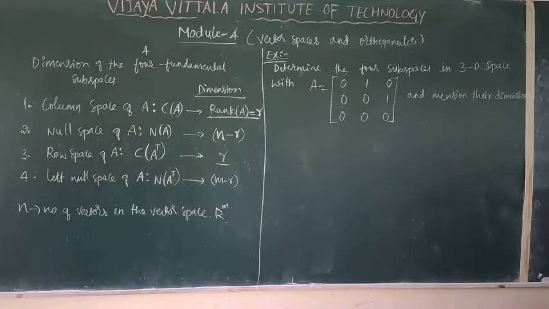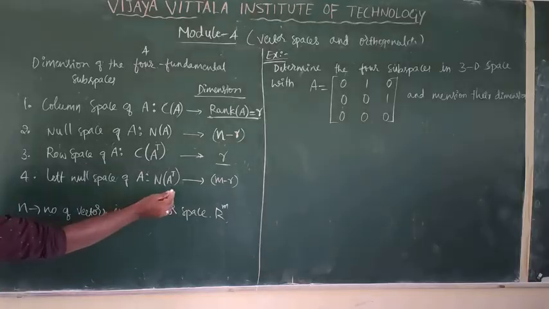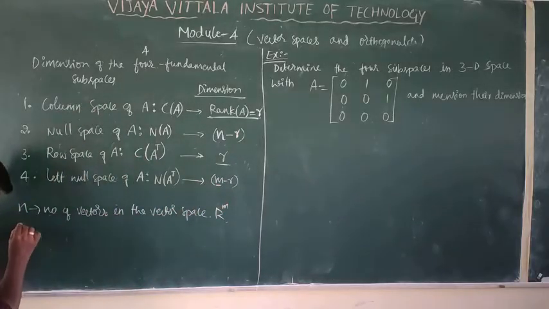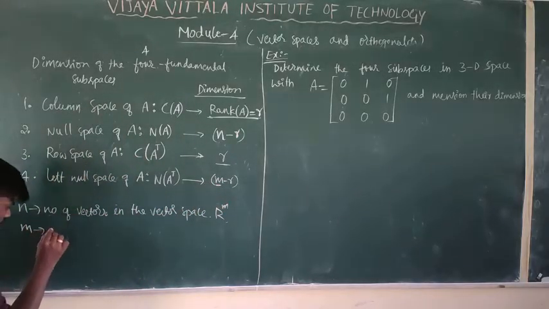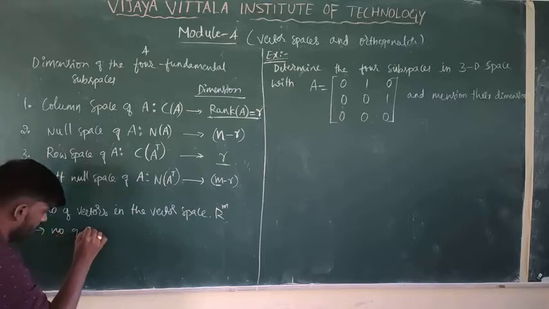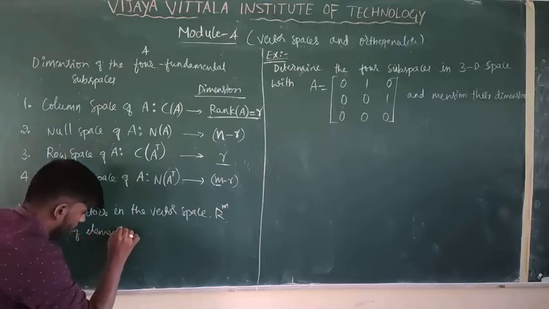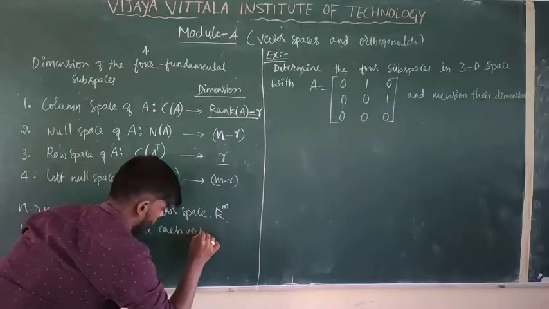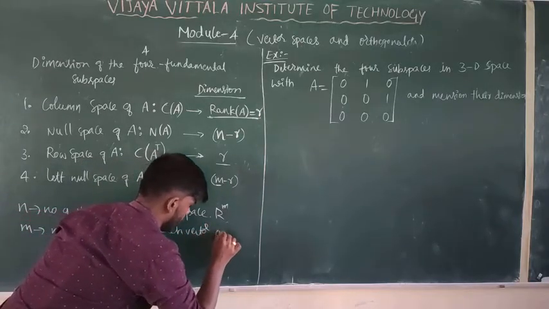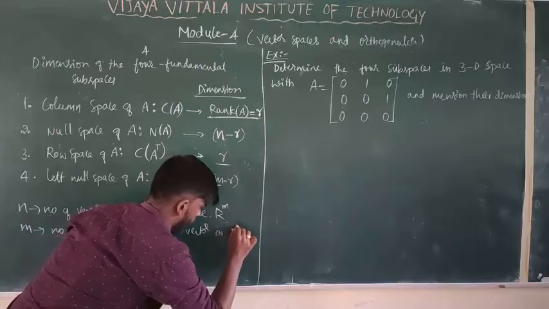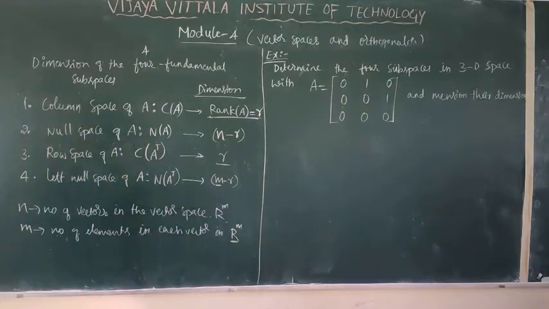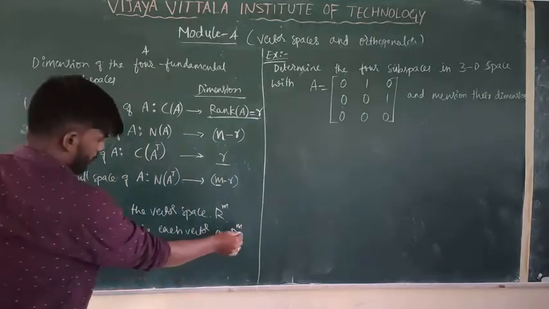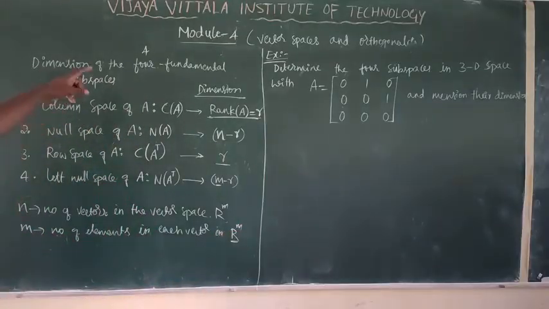Here m is the number of elements in each vector in the vector space R^n. R is the real vector space. Therefore, these are the dimensions of the four fundamental subspaces.